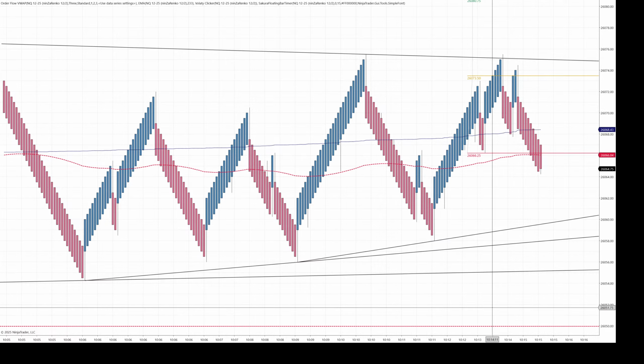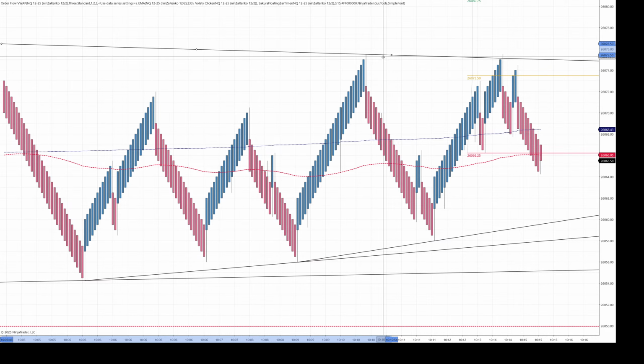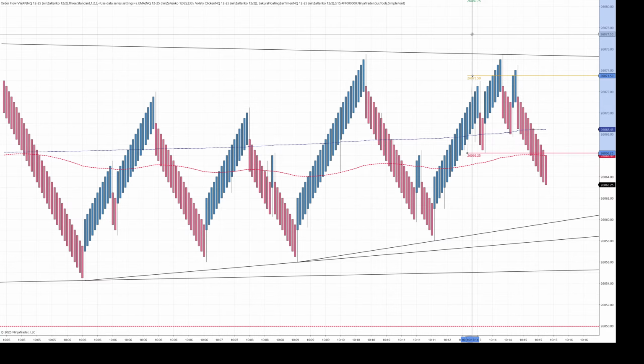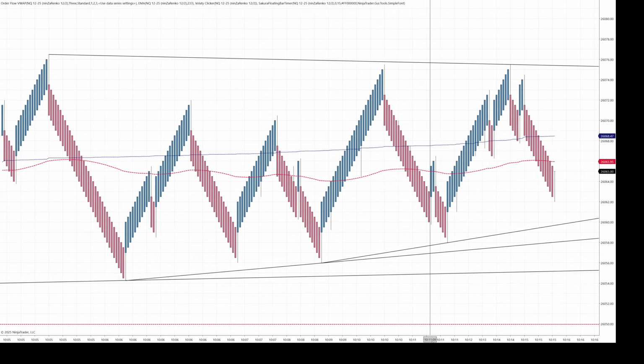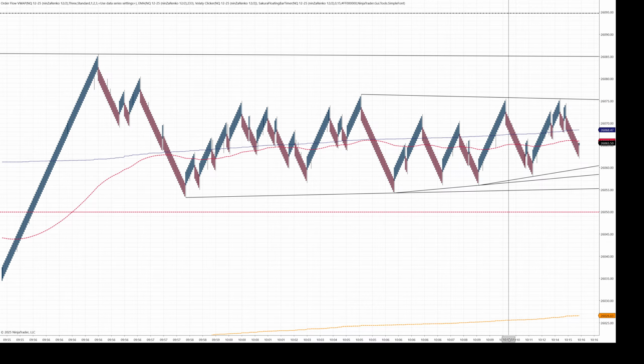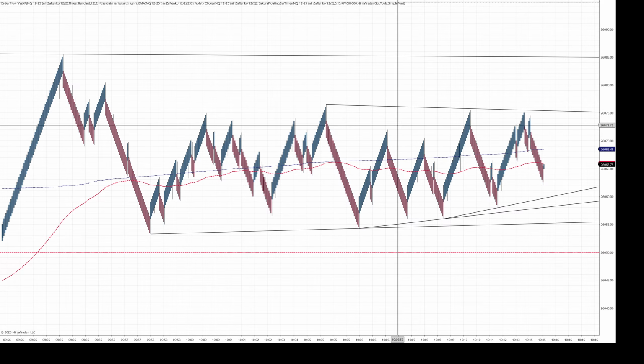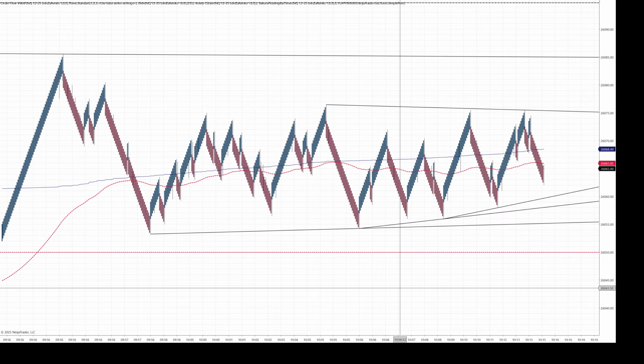And you can see it failed right there because that trend line we drew earlier did in fact act as resistance. And now we're stuck back in this range. And you can clearly see the range on the Renko.